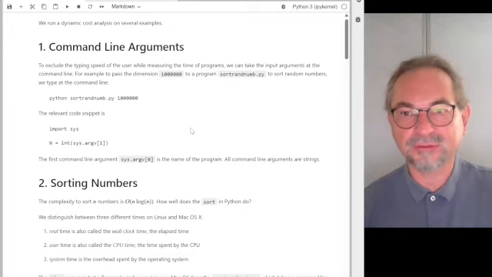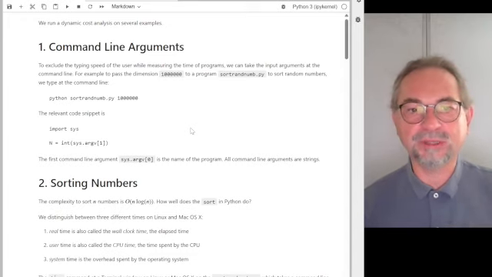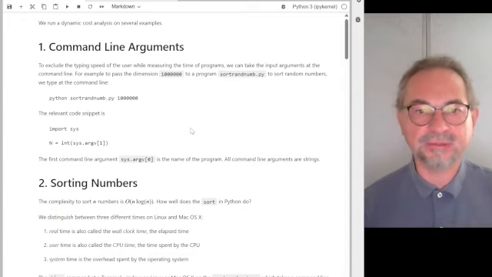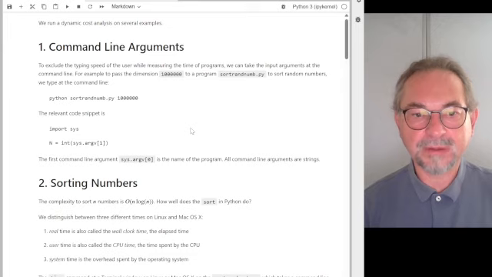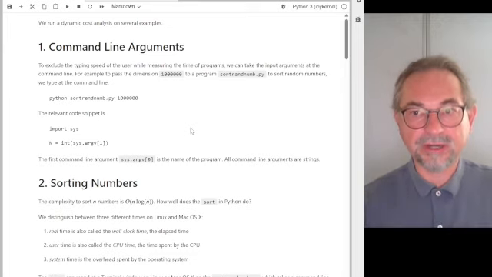Actually, the first command line argument is the name of the program at position 0. But at position 1, we have then the argument that you give. So that's here in this case the 1 million. All right, we have to convert from the string to whatever numerical type we want to use as the command line argument.